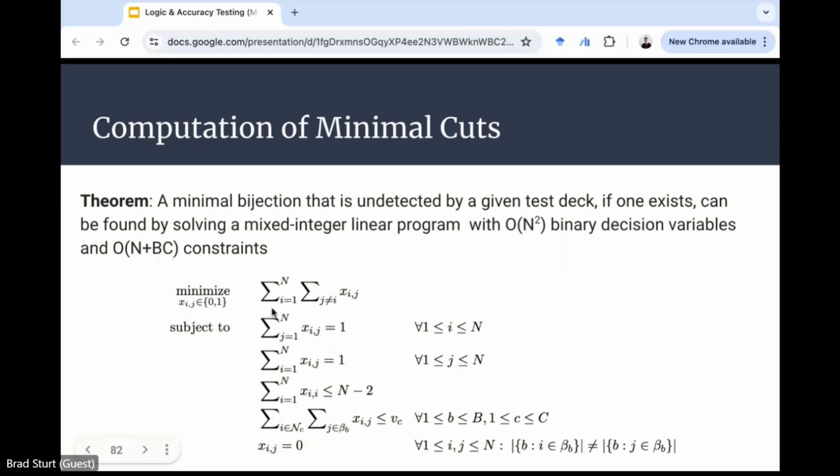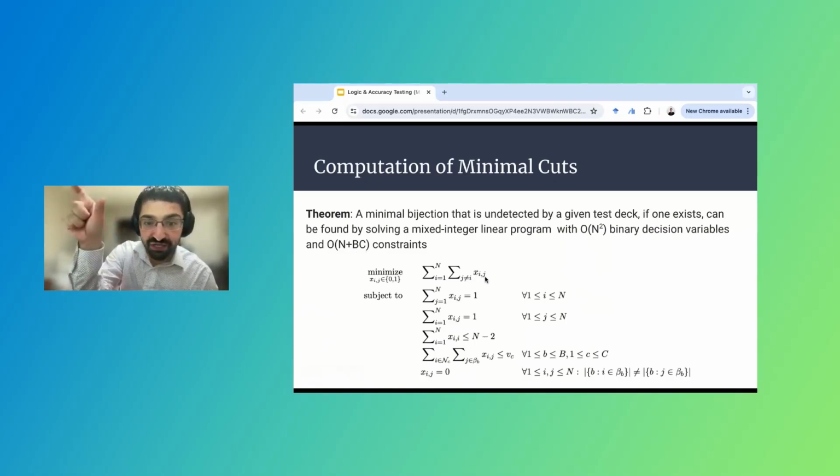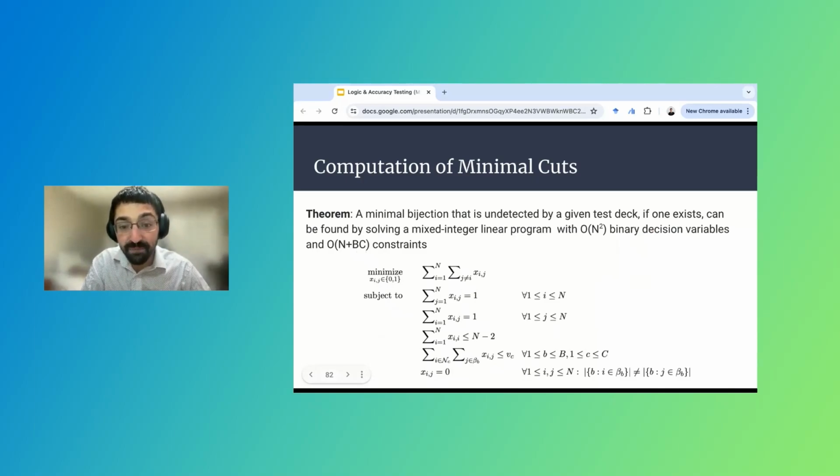In particular, the objective is to minimize the number of non-identity swaps, in other words, the number of matchings that are not from a candidate to its own target. And one can prove that this problem is guaranteed to output a minimal bijection.